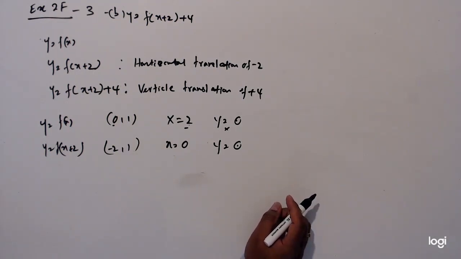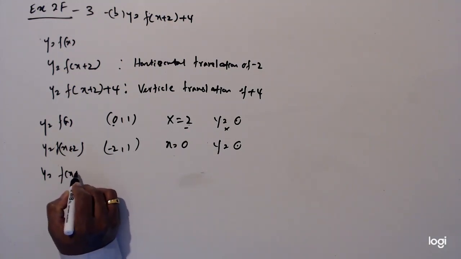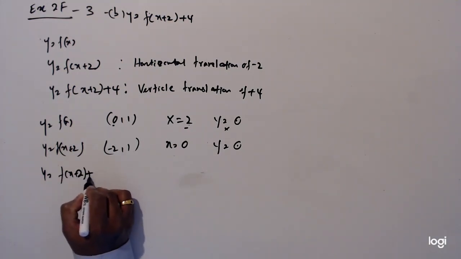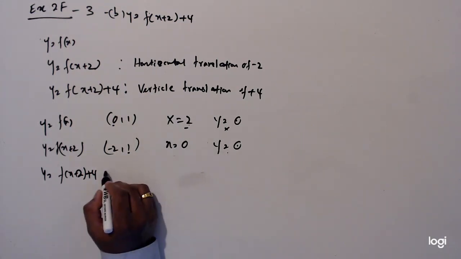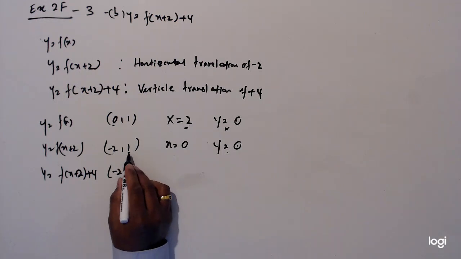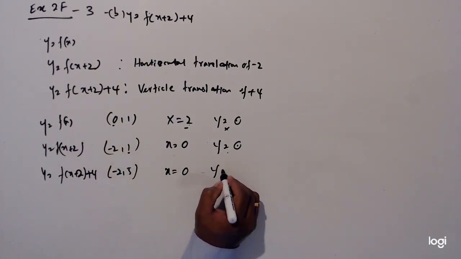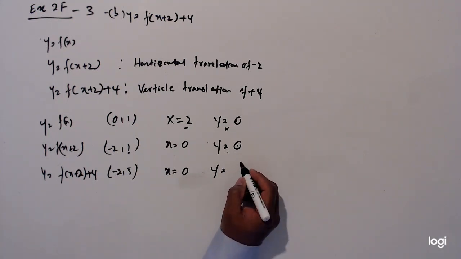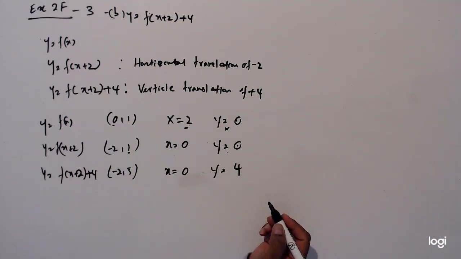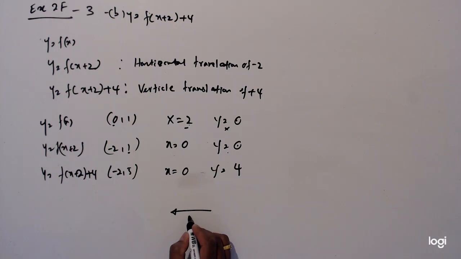Now we can draw the graph. Okay, another one, y equals f(x plus 2) plus 4. It means it's affecting all the y values. So this is (minus 2, 1 plus 4), which is (minus 2, 5), and x equals 0 as it is. And the asymptote also moves 4 units up. Basically 2 units to the left and 4 units up.